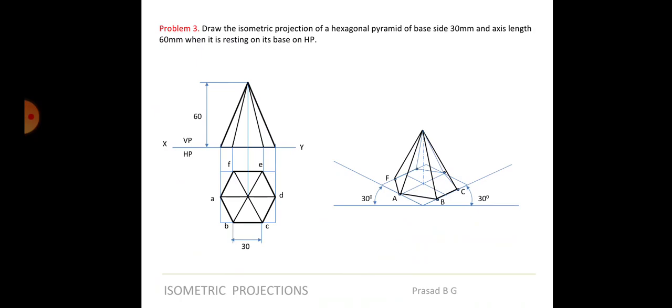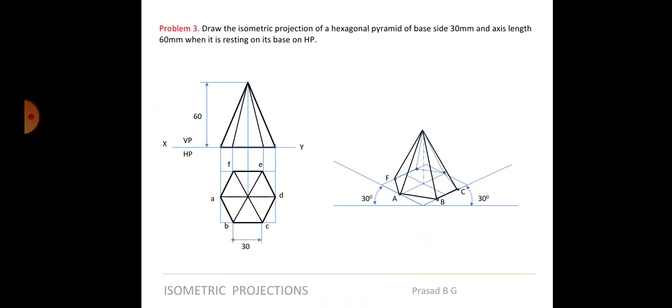So this is how you draw an isometric projection of a pyramid. And prism also is the same way. Once I say pyramid, prism is also the same way. But I'll explain our next problem on prism itself. The difference is, in prism you have to draw the base as well as the top portion. In pyramid, only the base.